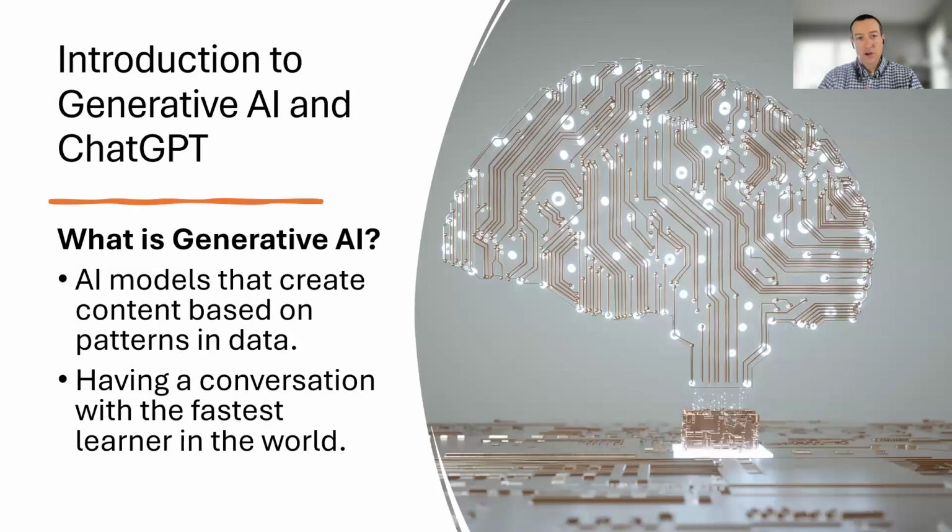So as we get in here and we get talking, I think it's important to recognize what generative AI is and what we can do with a tool like ChatGPT when we're looking at it from the designer standpoint, from the instructor standpoint. How can we leverage this? The way I always like to think of generative AI in tools like ChatGPT is I like to go back to the 90s when we had chat rooms and AOL and Instant Messenger, and you had these conversations and you were connecting with people on the other side of the screen through text.